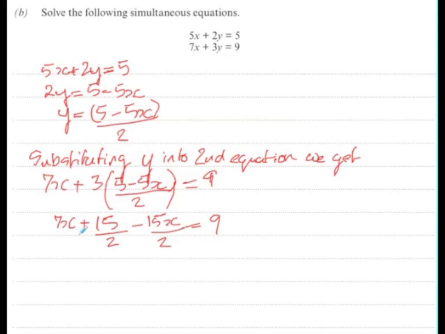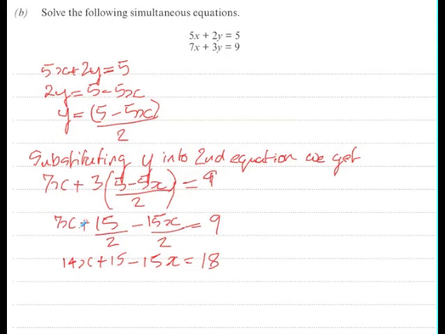So multiplying both sides by 2, what we get is 14x plus 15 minus 15x equals 18. So I hope you can see that by multiplying that by 2, we're just left with 15 on the top. By multiplying that by 2, we're left with minus 15x on the top.